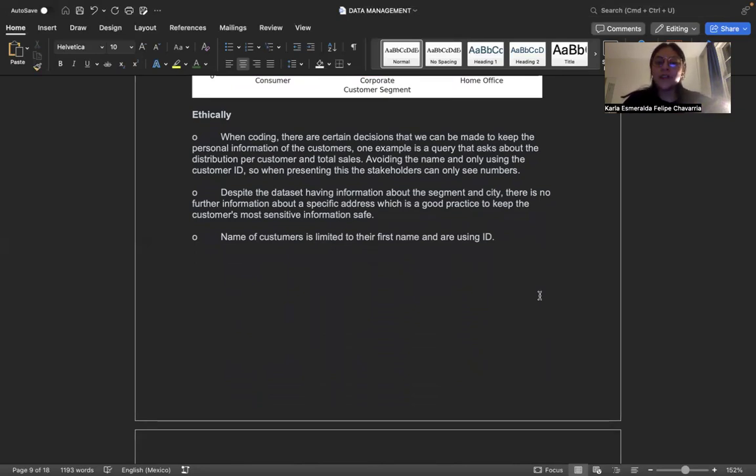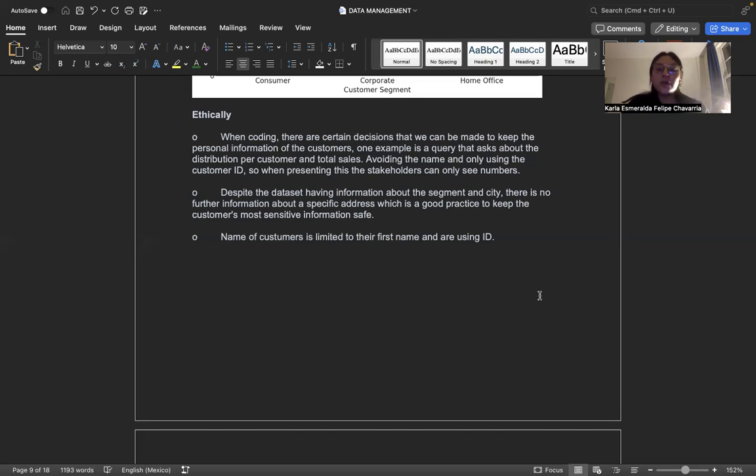And the first point is also related to this: it's in our hands to put the information in a certain way that we could still keep the customer's information secured. So it's in our hands how we present this information and who has this information.